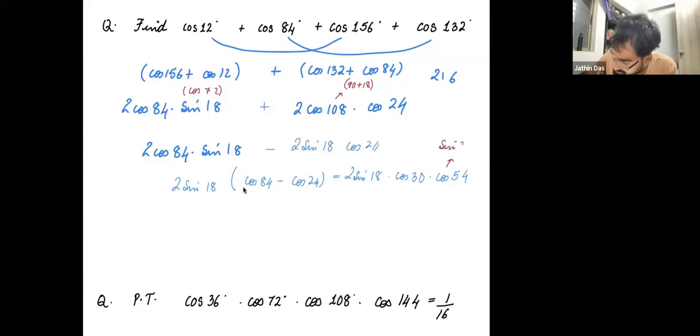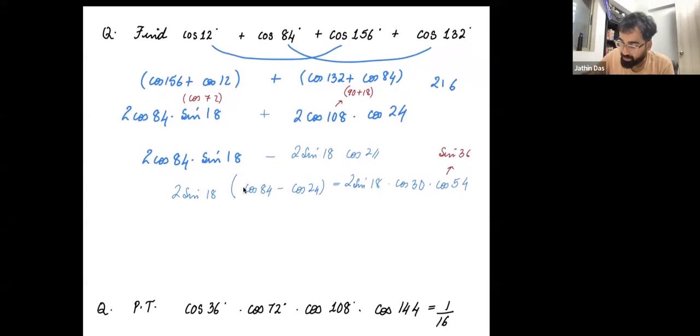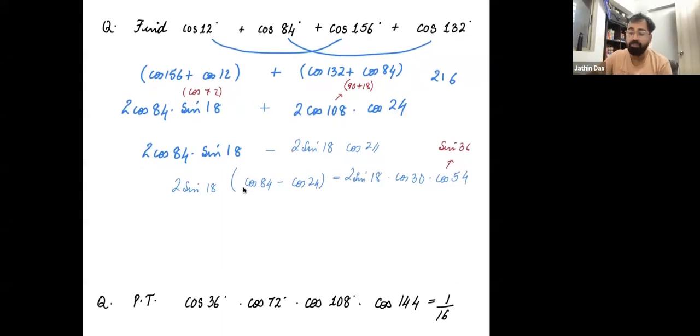And this is sine 36, no? Yeah. So you know the values, how to do it now. Okay. So simply substitute the values. Clear?